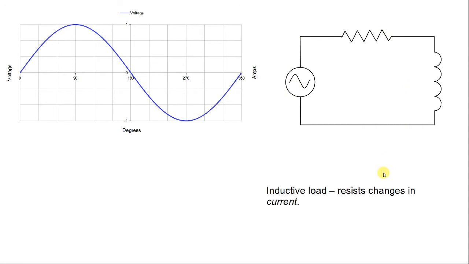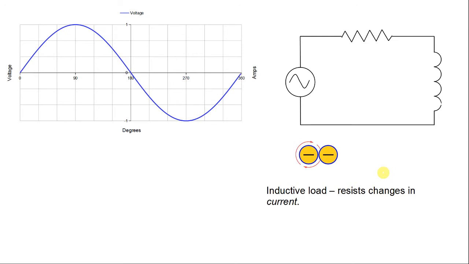Inductive loads resist changes in current. And in an alternating current circuit, we're ever changing the voltage and the current. And we've just placed something in that circuit that is going to resist the changes in the current.